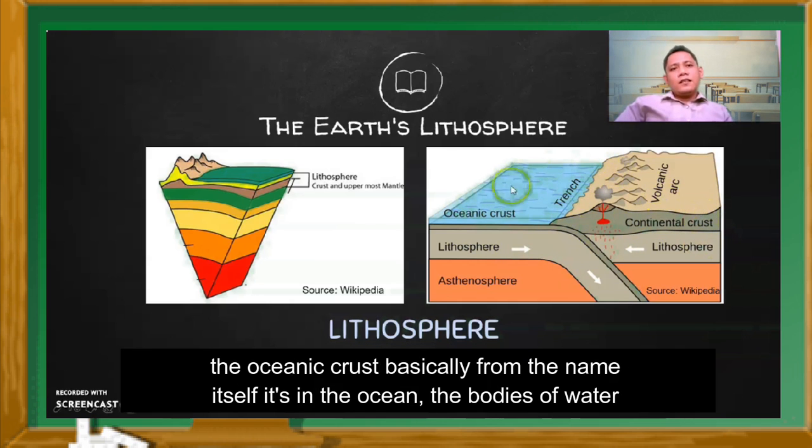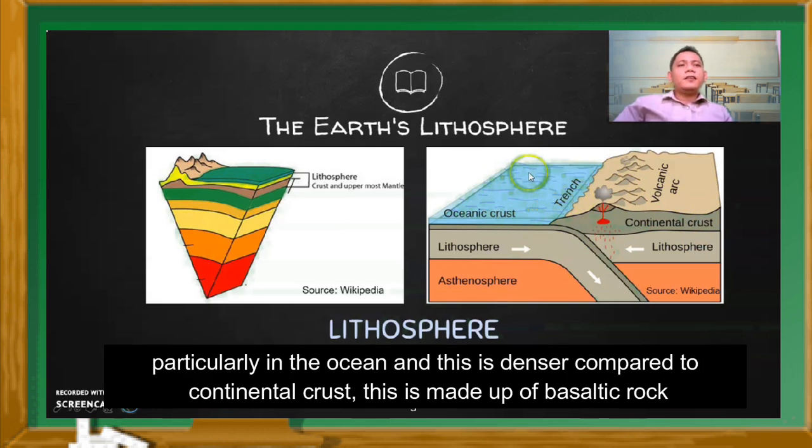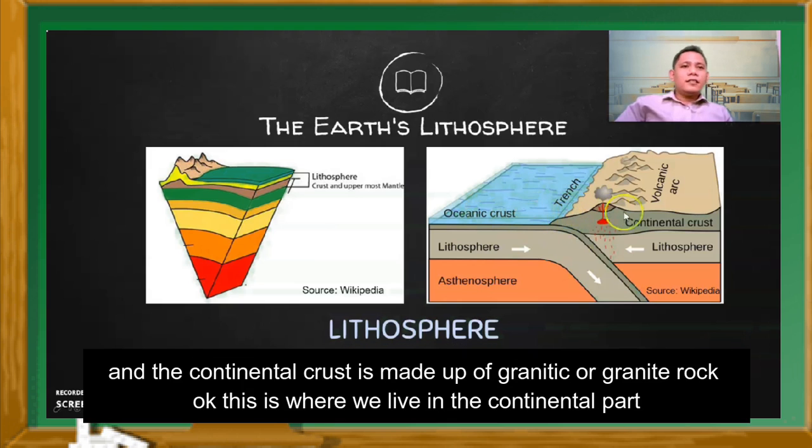The oceanic crust, from the word itself, you can find it in the ocean, the bodies of water. This is denser in contrast to continental crust. It is made up of basaltic rock, and the continental crust is made up of granitic or granite rock.